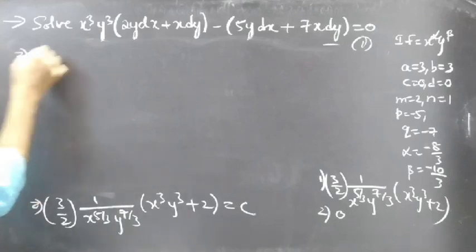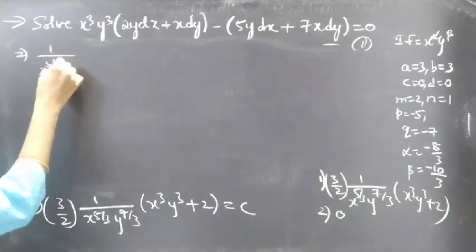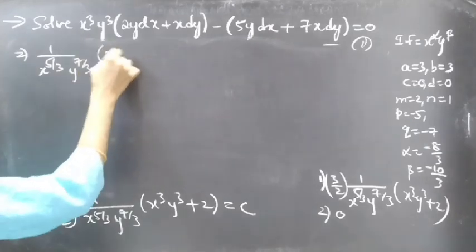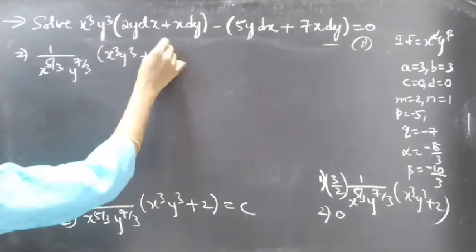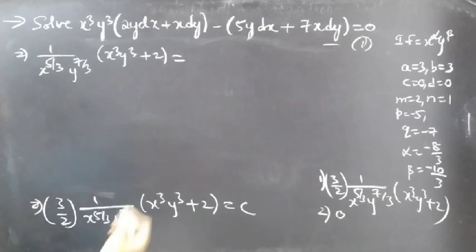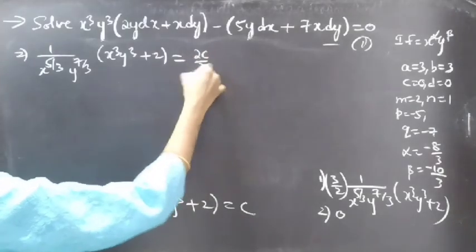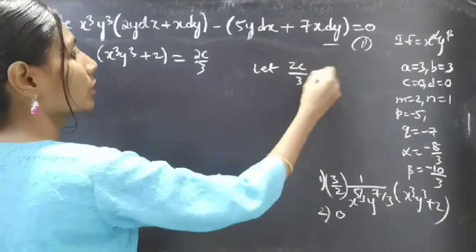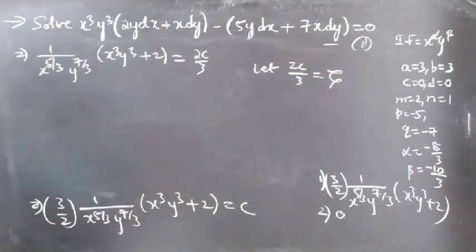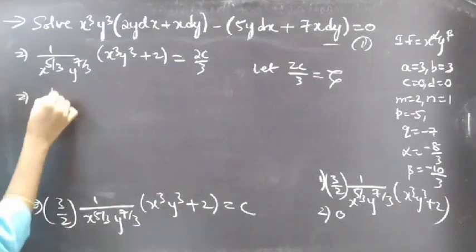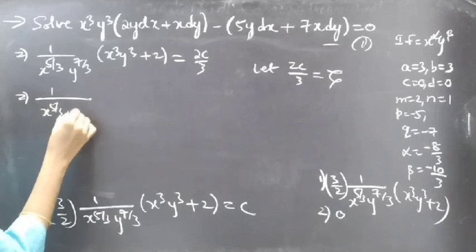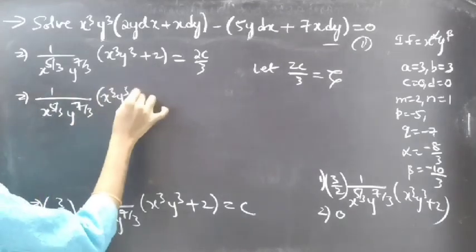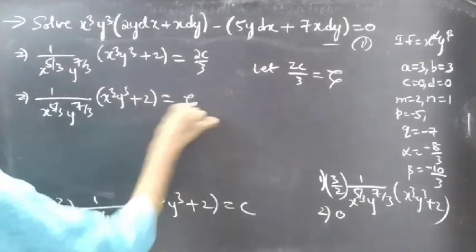This gives us 1 by x power 5 by 3 y power 7 by 3 into x cube y cube plus 2 equal to, I am taking this constant to RHS, so I will get 2c by 3. Let 2c by 3 equal to some c. Okay. Now we can write this as 1 by x power 5 by 3 y power 7 by 3 into x cube y cube plus 2 equal to c.